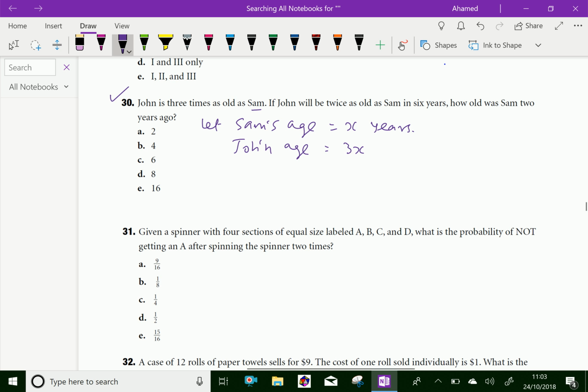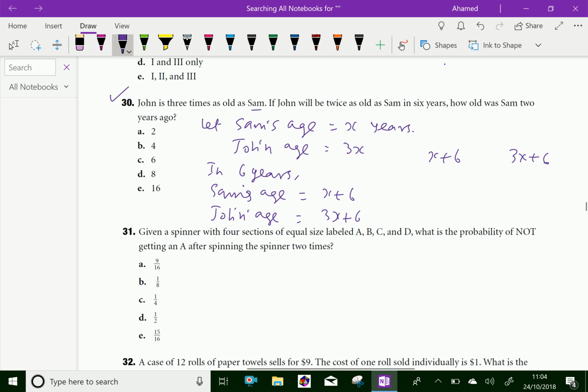In 6 years, Sam's age is x plus 6, and John's age is 3x plus 6.